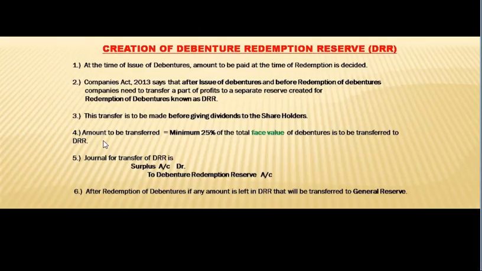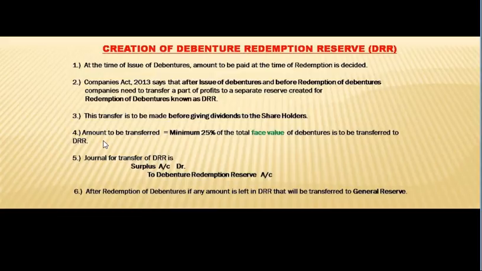So now, how to create this DRR? What is the amount that is to be transferred to DRR as per the Companies Act 2013? The amount to be transferred is equal to minimum 25% of the total face value of the debentures. Right? So this is important. That is why I have colored face value. The first thing is minimum 25% of what?